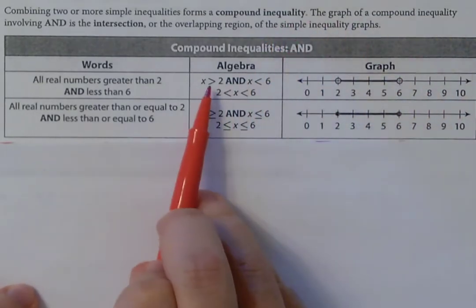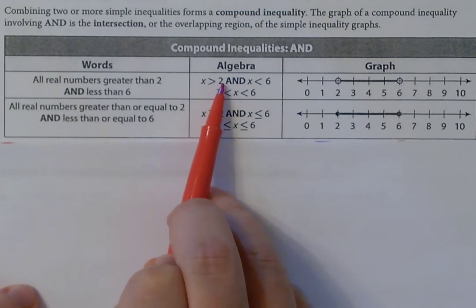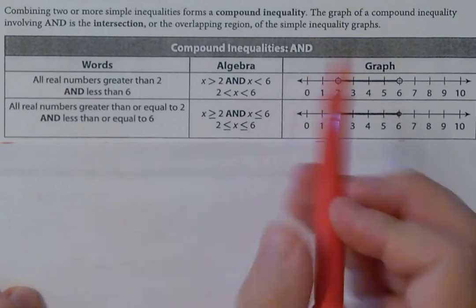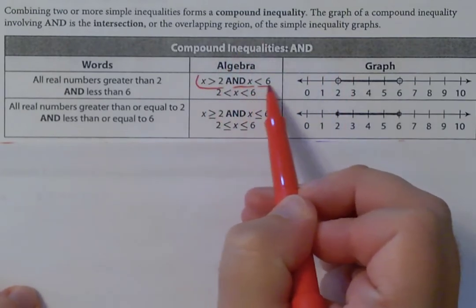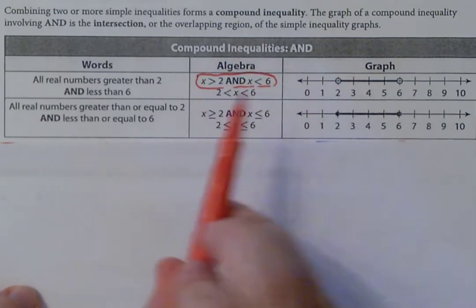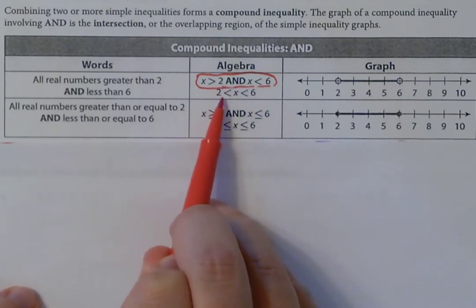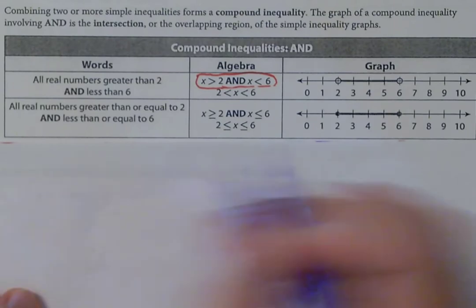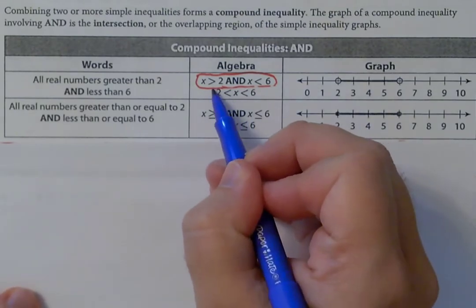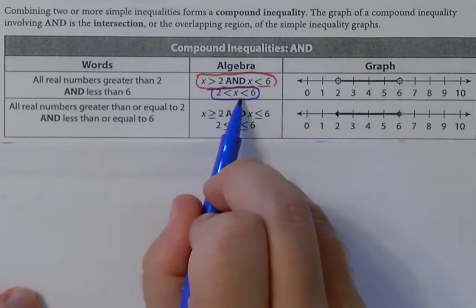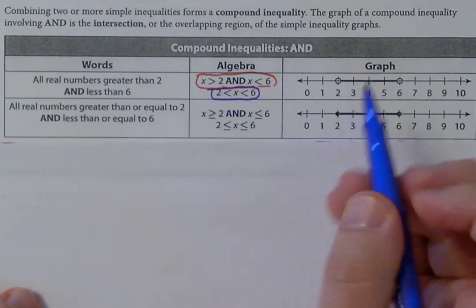We can write it as x is greater than 2 and x is less than 6. So you can have some problems where they just have the word "and" in it. Or the most common way that we are going to take a look at it today is we could say 2 is less than x, which is less than 6.